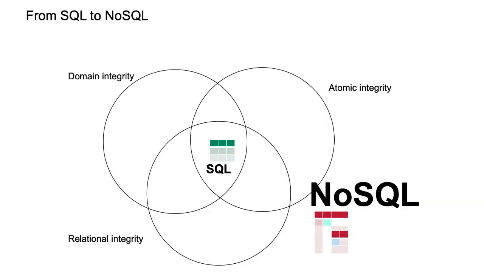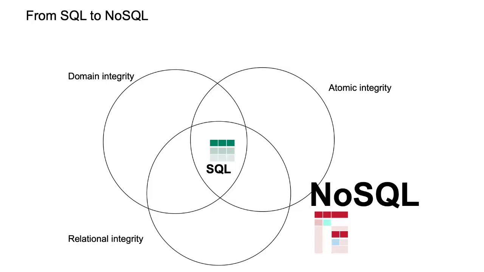The second thing I told you is that when we define the relational table as a collection of tuples, a collection of records, we have three constraints. The first constraint is that all the attributes are the same for all the tuples, so that you can assemble it nicely into a table shape. That's the relational integrity. Domain integrity means that in every column, it's the same type of data, right?